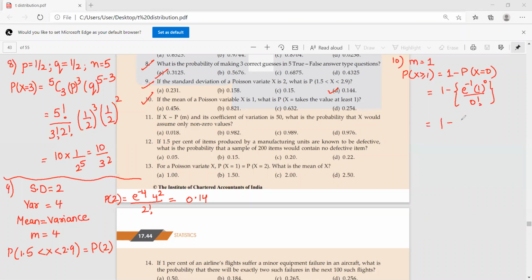So this will be 1 minus e to the power minus 1, correct. So it should be 1 minus 0.3679. So the answer turns out to be 0.632, correct, and that is nothing but C.